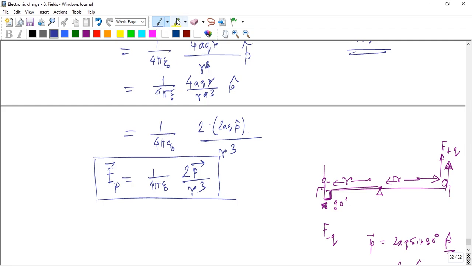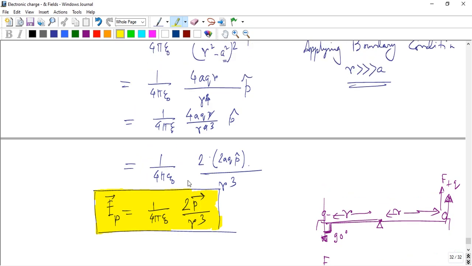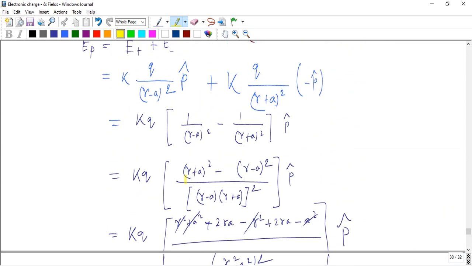That is very important here. So we can calculate the electric field at point P due to electric dipoles, on the dipole axis.